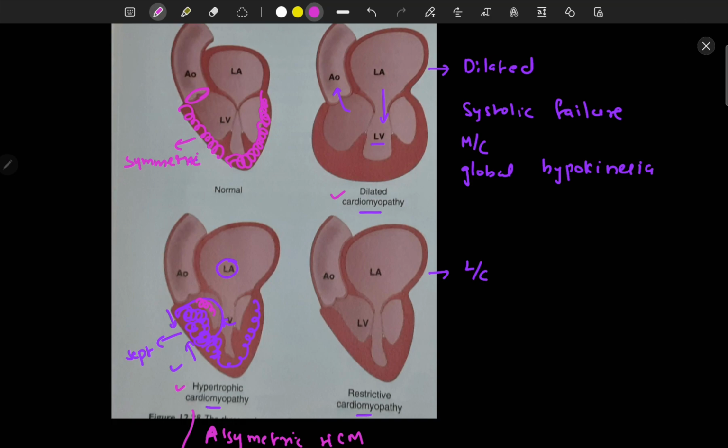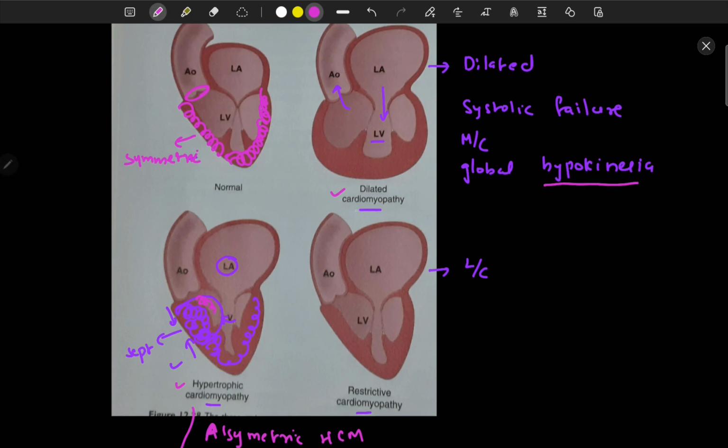So how can we differentiate between the dilated cardiomyopathy and hypertrophic cardiomyopathy? In dilated cardiomyopathy, there is hypokinesia, that is, the heart is less contracting, whereas in hypertrophic cardiomyopathy it is hypercontracting, that is, more contracting.